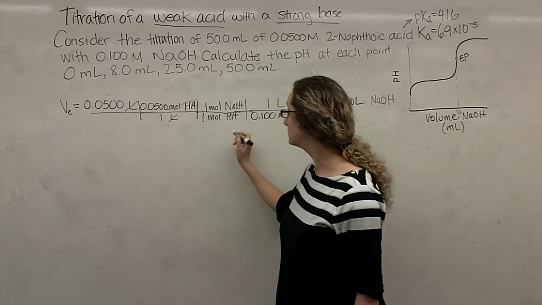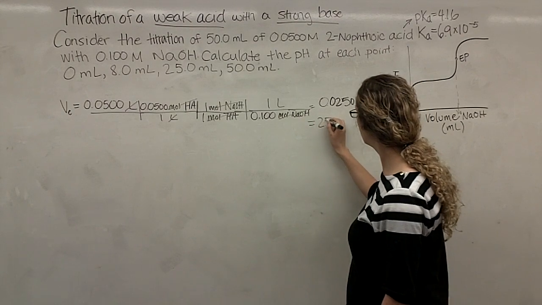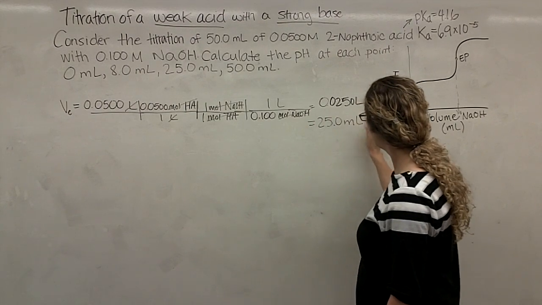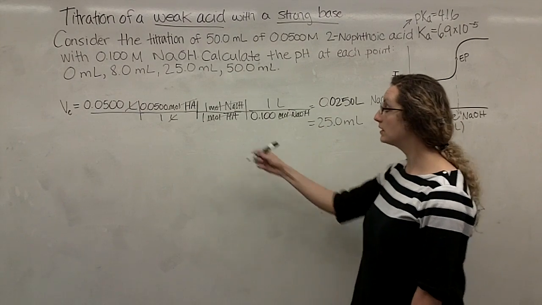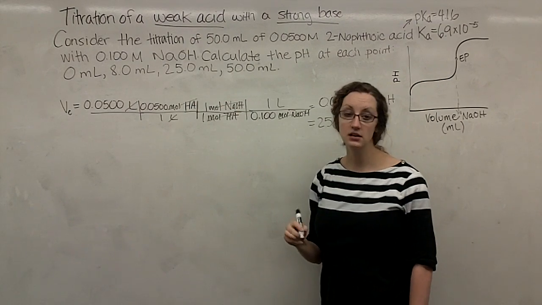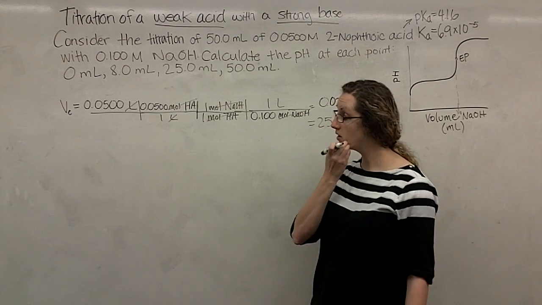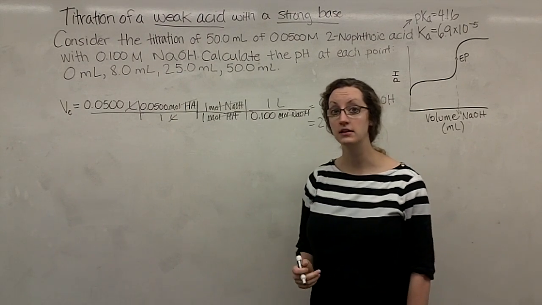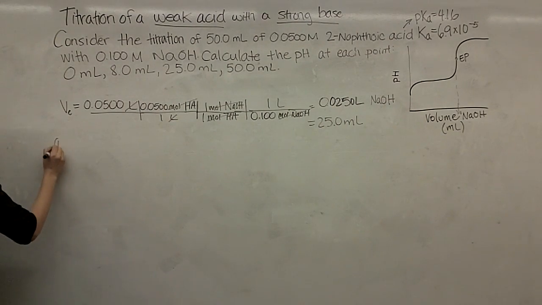Moles of HA cancel out. So one of the volumes we're interested in is 25.0 milliliters, and that's the volume at our equivalence point. Now the very first thing we need to do is find the initial pH.